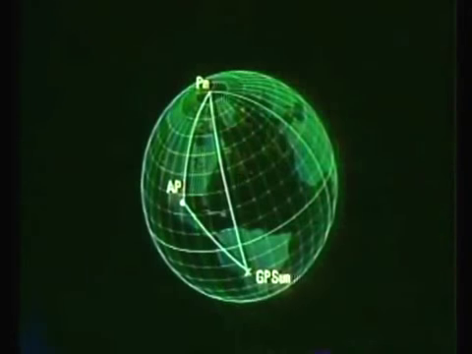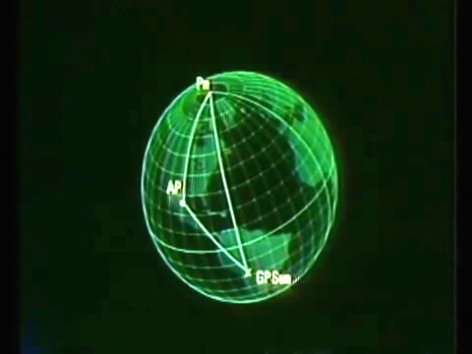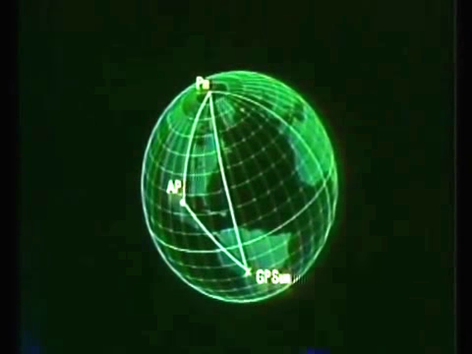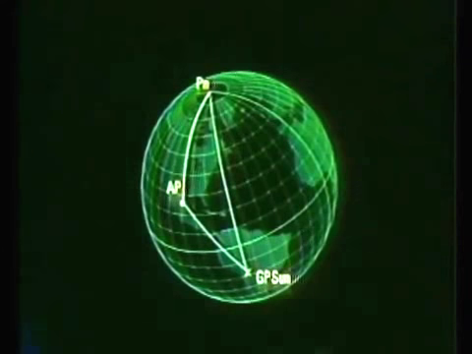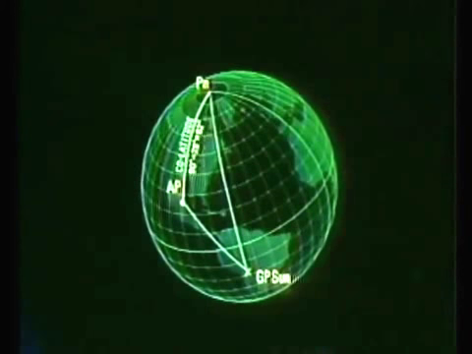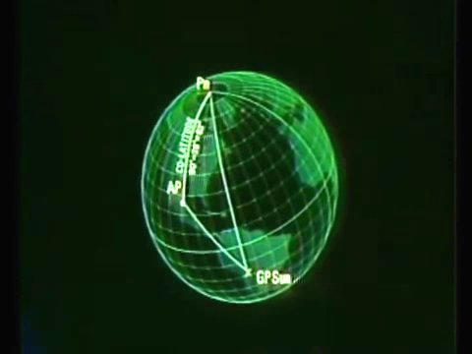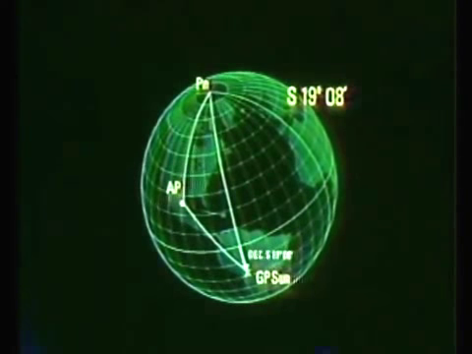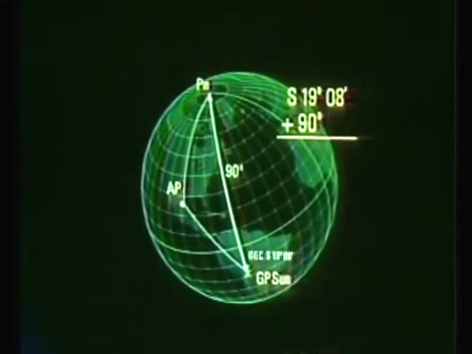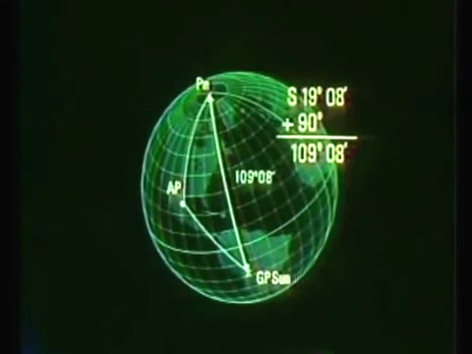This, then, is your celestial triangle translated into usable components on Earth. You know this side, the co-latitude of your assumed position, 90 degrees minus 28, or 62 degrees. This side is the declination, or polar distance of the Sun. South 19 degrees 8 minutes plus 90 degrees, since it is located in the southern portion of the celestial sphere. 109 degrees 8 minutes.